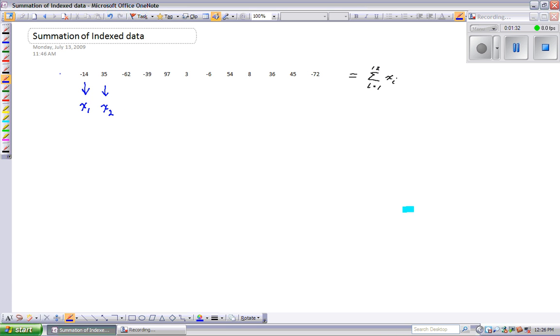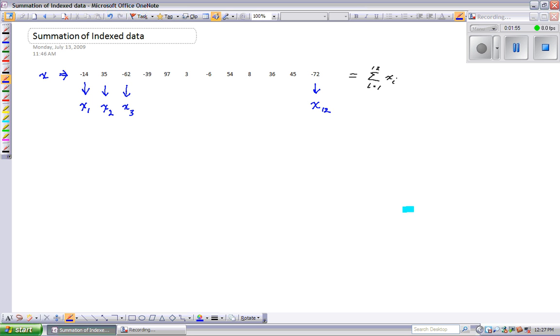All of these are x's; they're all members of our sample. Negative 62 is the third member, x sub 3, and so on, all the way to negative 72, which would be x sub 12. There are 12 members in our list.